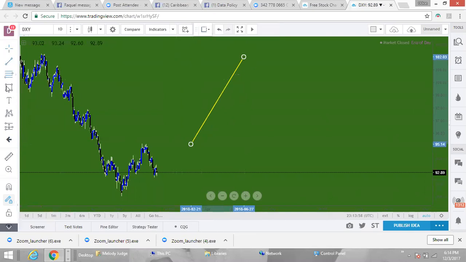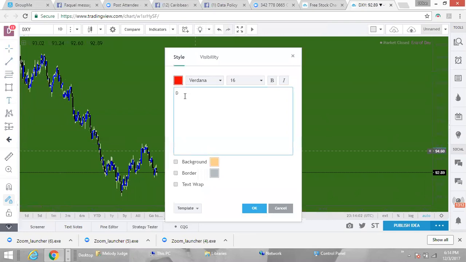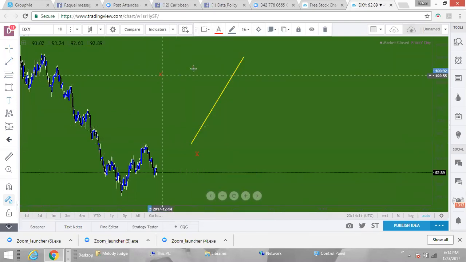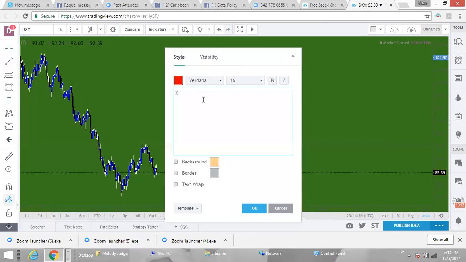Once we notice that an impulse has been made, it's going to be our X to A move.